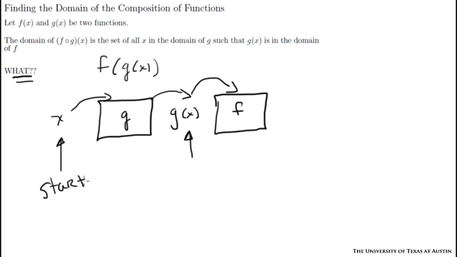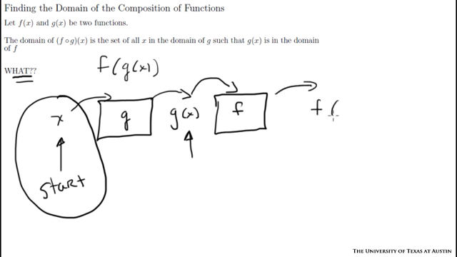We have to first and foremost choose only values that can go in g, and those values will produce g of x's that have to go in f. So we have to trim down our original values so that the g of x's that come out are legal to go into f, because out comes my f of g of x. That's our checkpoint here.